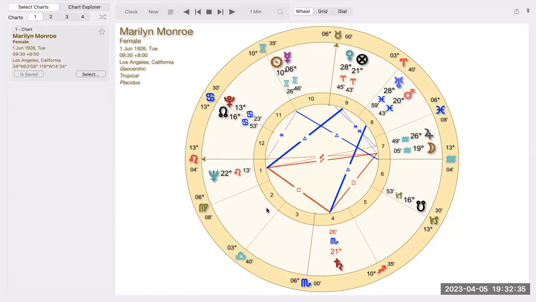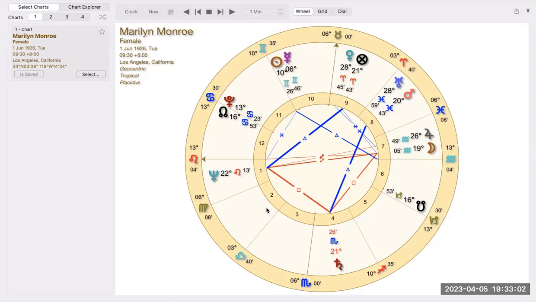But that doesn't mean she can't make hard aspects. In this chart, all of the aspects that she makes, the things that she can see, where she gets to throw her light, she's doing it in a happy, Venus-y way.